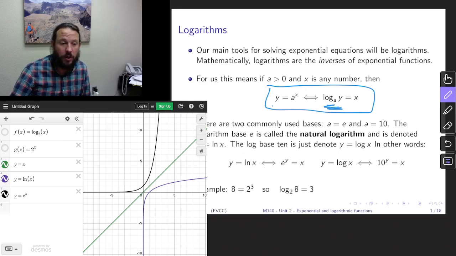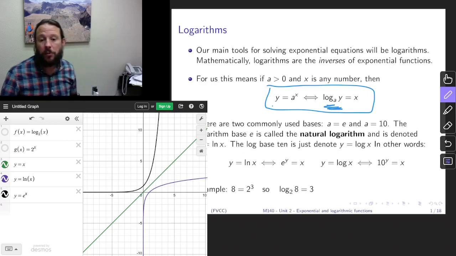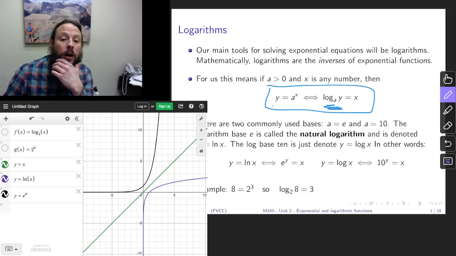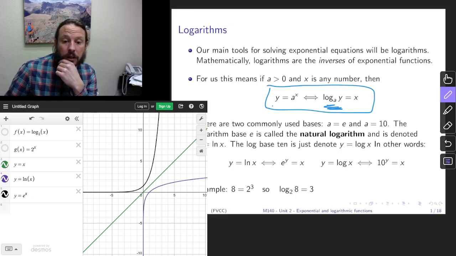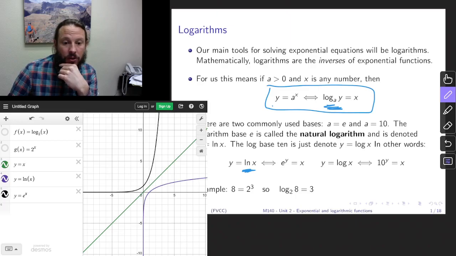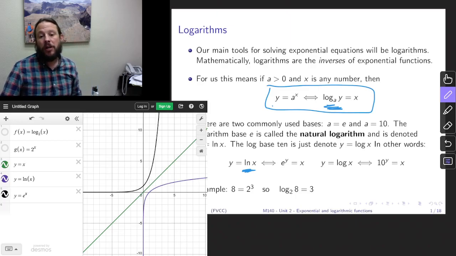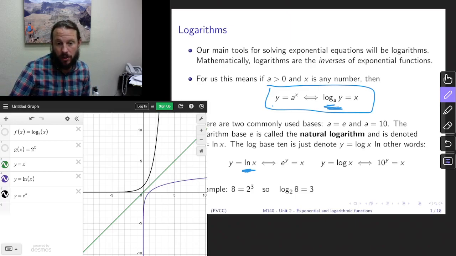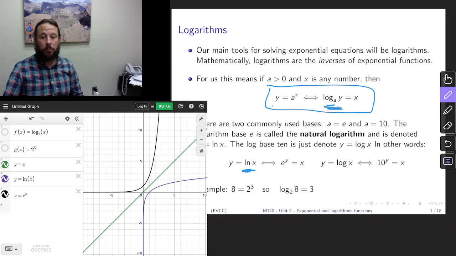Basically, you just switch their x and y values and you'd be on the other one. But again, as we have natural log of x, what does that mean? That's log base e. Log base e is what I mean by that purple curve. And y equal to e to the x is the inverse of that. And then just a reminder, log x, written out log(x), is log base 10.